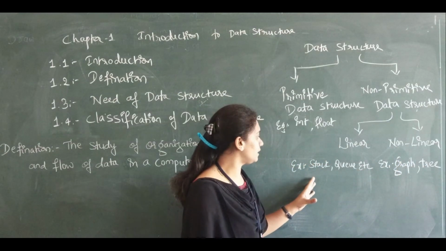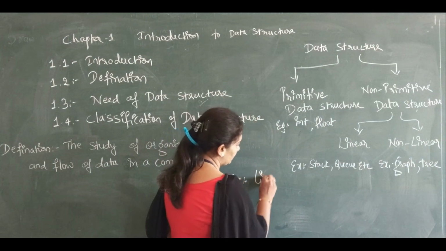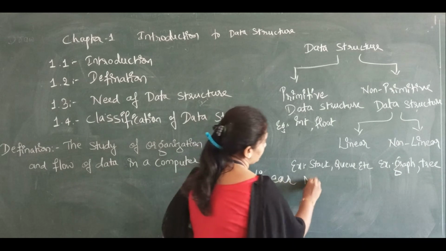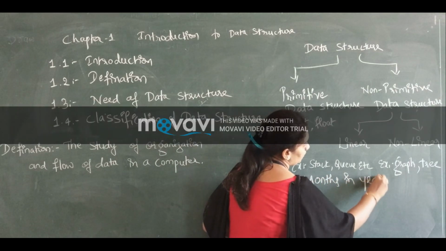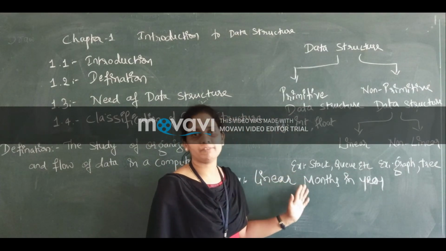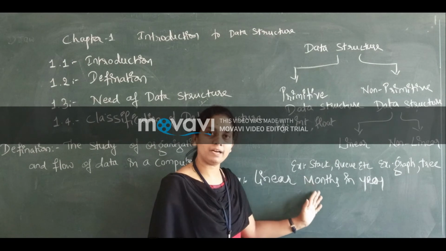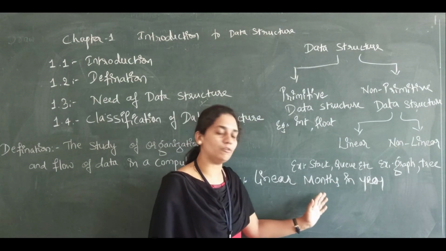Now for example, we can take months. For a linear data structure, we can say months in a year. After January it should be February, after that March, April, May, June. We cannot consider January and then go for March.